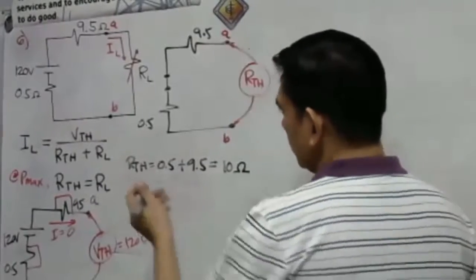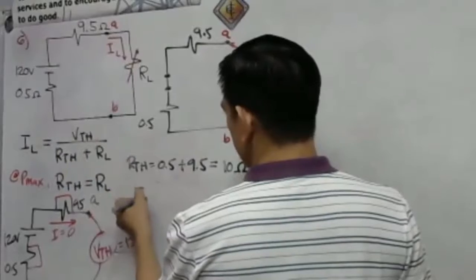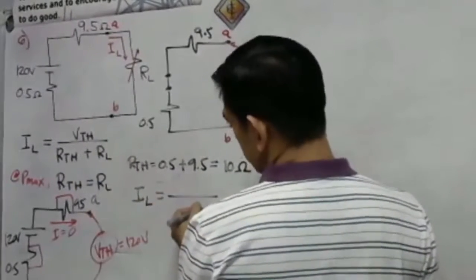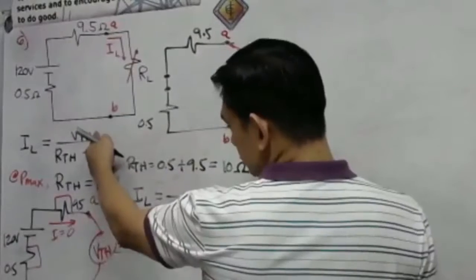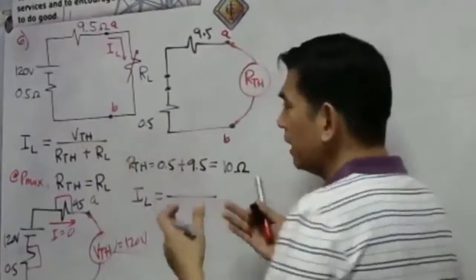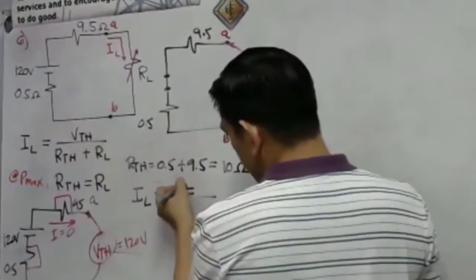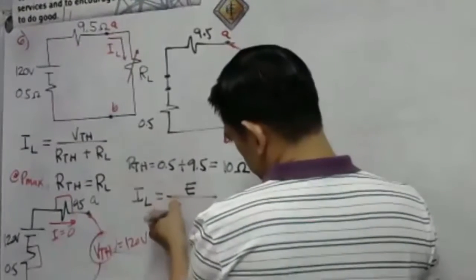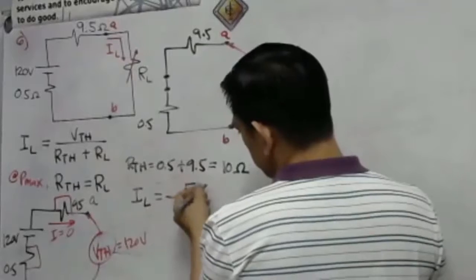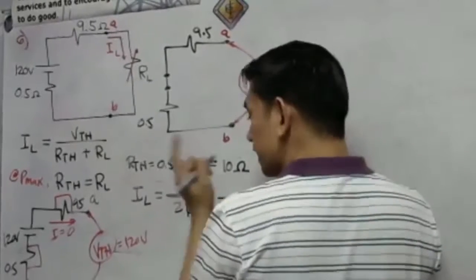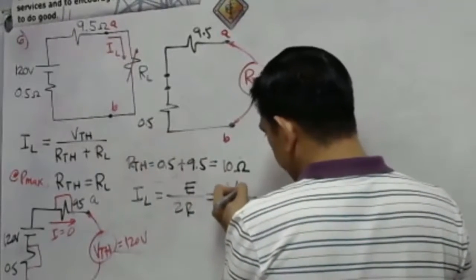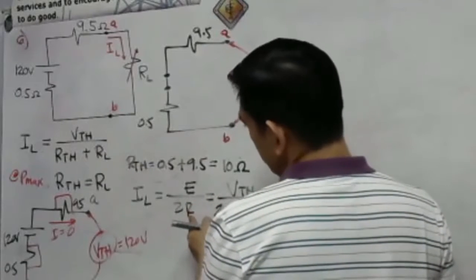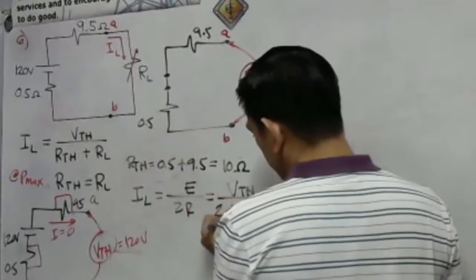Then, in the Thevenin's formula, the IL, we have here our VTH. Again, from our previous lesson, IL is simply equal to the E of the battery over 2R. If we translate this in Thevenin's theorem, this is simply our VTH over 2, and then our R is equal to RL, which is equal to RTH.